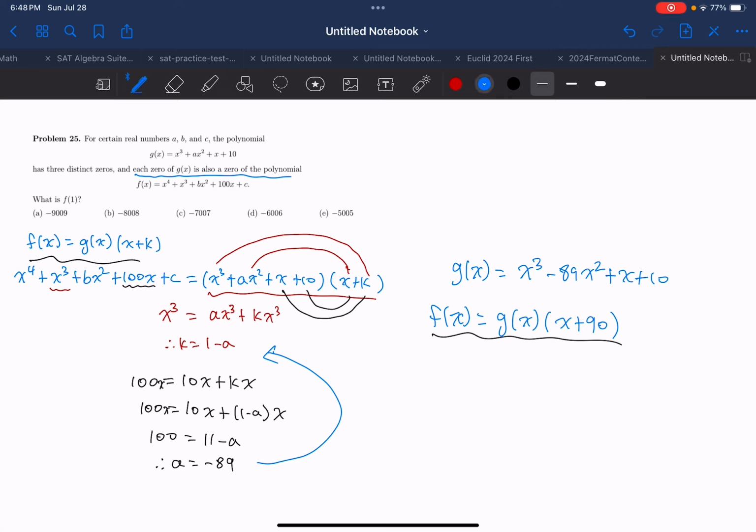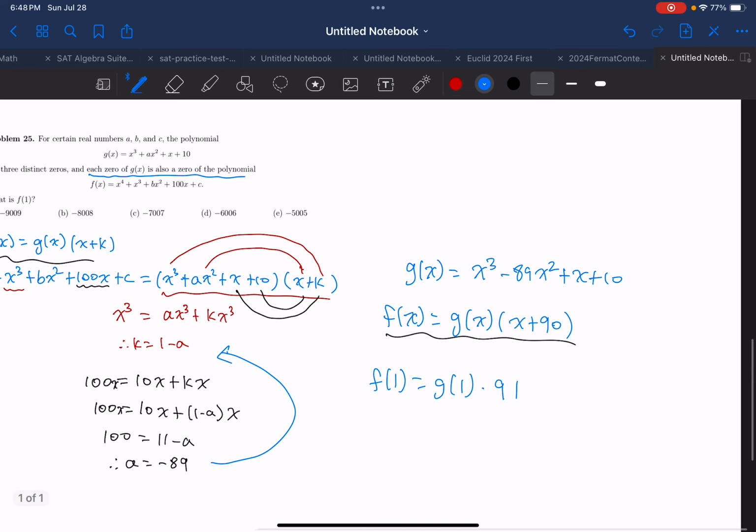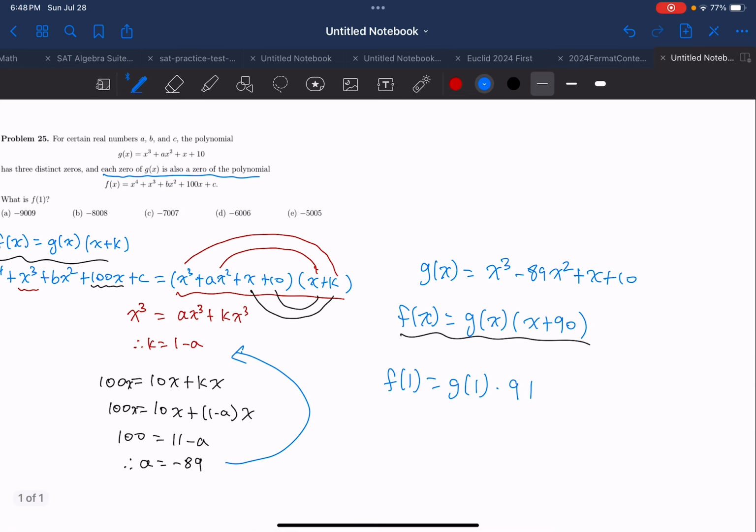So if we calculate this, the question is asking for what f(1) is. So f(1) would be equal to g(1) multiplied by 91. And g(1) would be easy to find because we could find it from this equation. g(1) is equal to 1 minus 89 plus 1 plus 10, which is equal to minus 77.